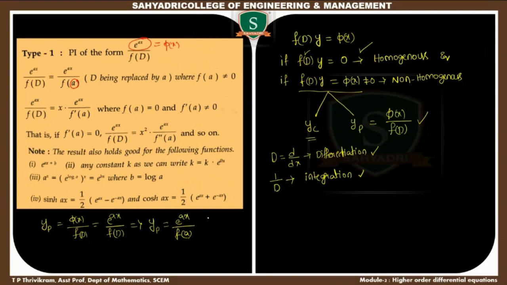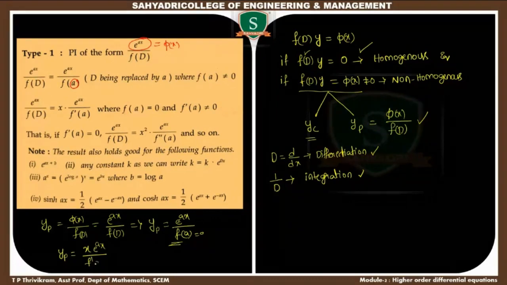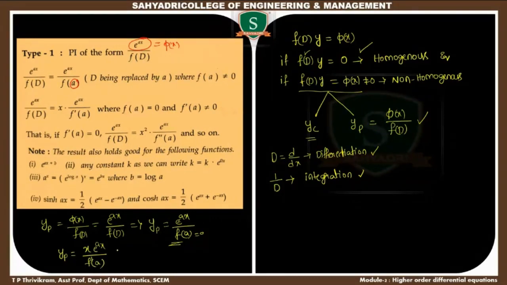Similarly, suppose f(a) is equal to 0. At that time yp will be x e power ax divided by f dash of a, that is, you multiply by x in the numerator and differentiate the denominator function.